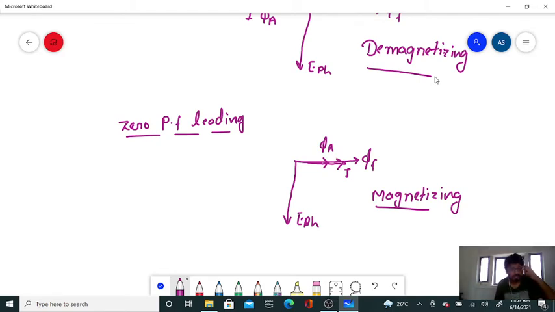Armature reaction basically depends upon the load current. So it's basically a voltage drop, a fictitious voltage drop. We can present it in the equivalent circuit. Okay, so let's draw the equivalent circuit.